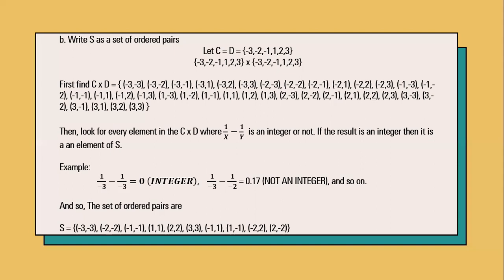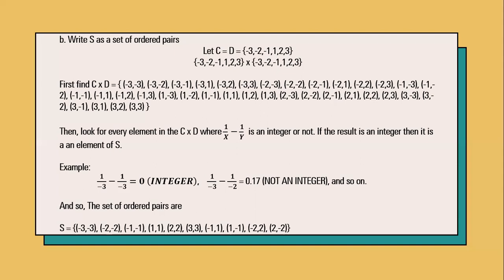So I just assume that C and D have the same numbers. So -3, -2, -1, 1, 2, 3 are for set C, and the same for set D: -3, -2, -1, 1, 2, 3.